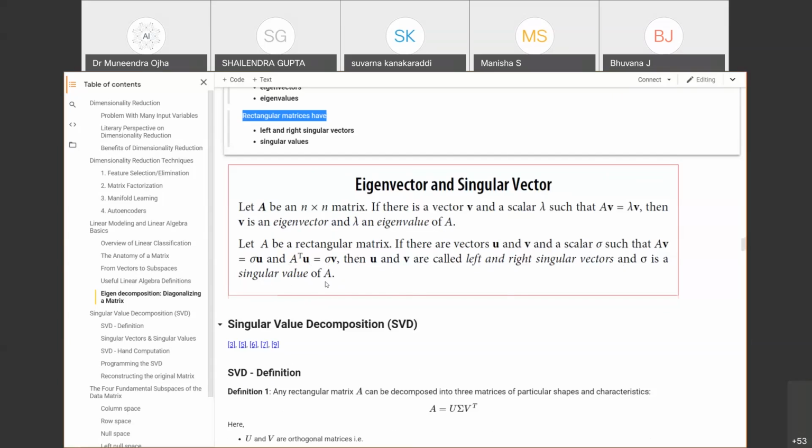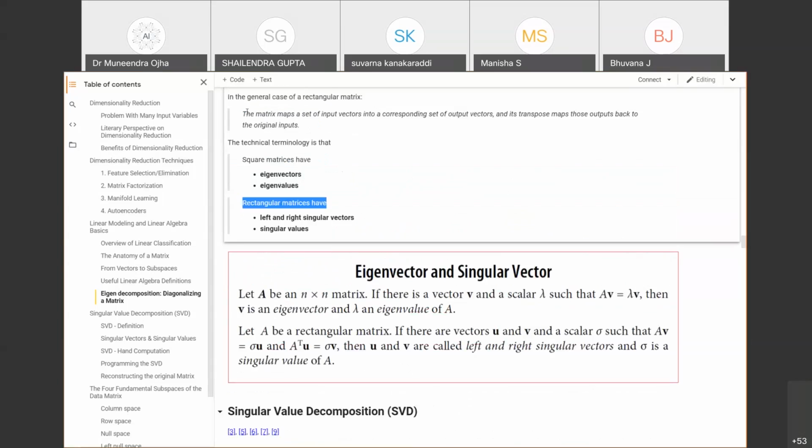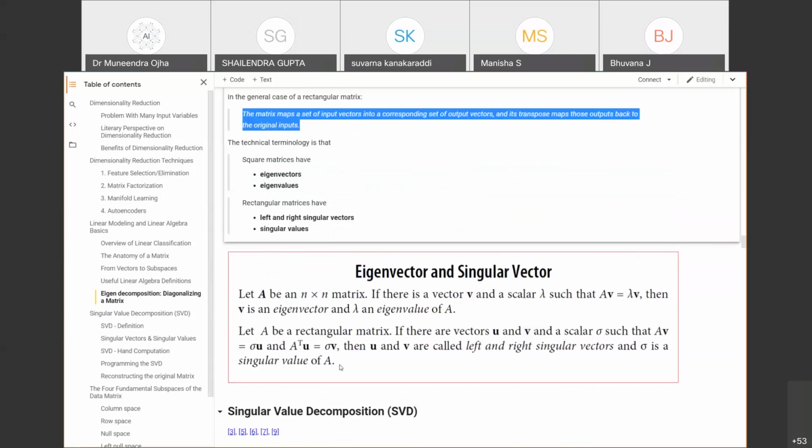If you read this line and try to map it with the second definition, you will understand what we are trying to say.